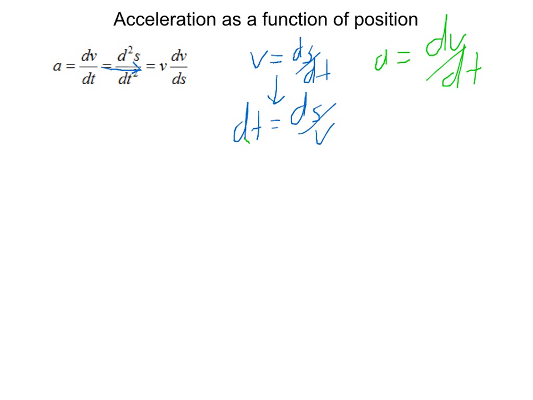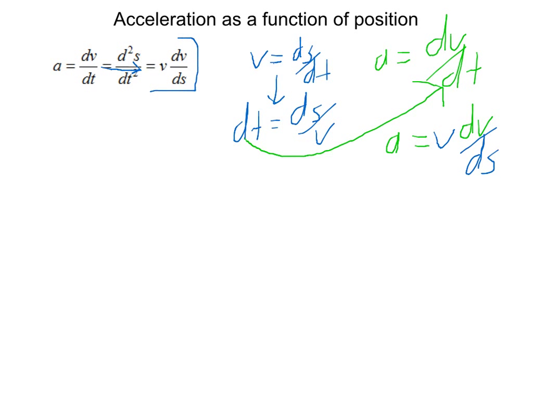If you plug this into there, you end up with a equals v, multiplying by the reciprocal, dv over ds, which is what you have right over here. And if you rearrange that equation, you get v dv equals a ds, which becomes that integral.